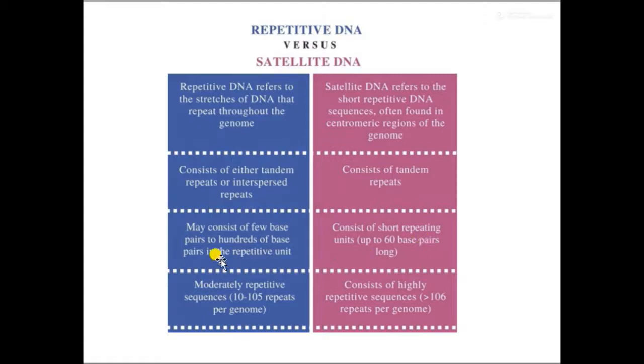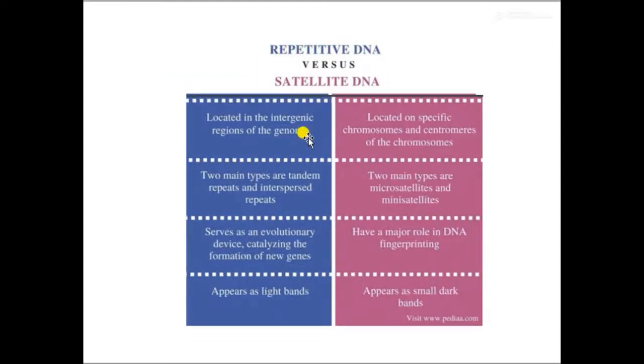Repetitive DNA is moderately repetitive with about 10 to 10^5 repeats per genome, but satellite DNA, though the segments are small, has almost greater than 10^6 repeats per genome. Repetitive DNA is mainly located in the intergenic regions of the genome, and satellite DNA is located on specific chromosomes as well as the centromeres of the chromosome.